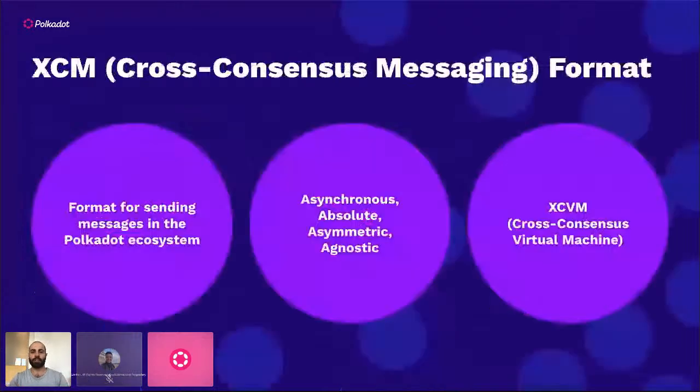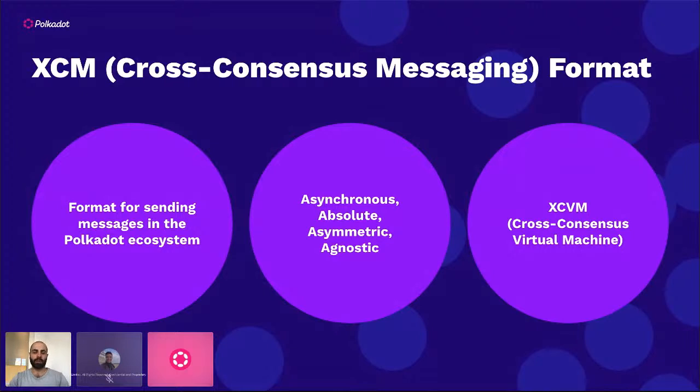This communication, this interoperability part, is mainly allowed by the cross-consensus messaging format. XCM is a format of how the messages should be structured, and the rules of the messaging are defined in this format protocol. It's asynchronous, meaning that it's non-blocking.